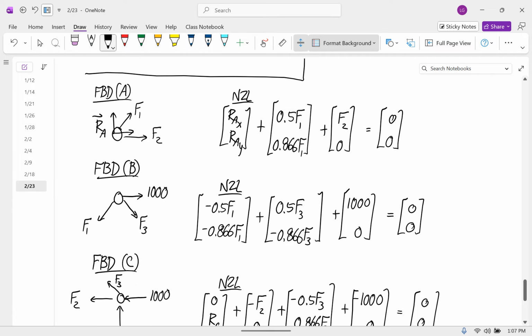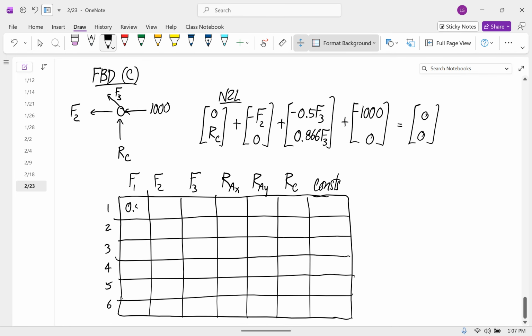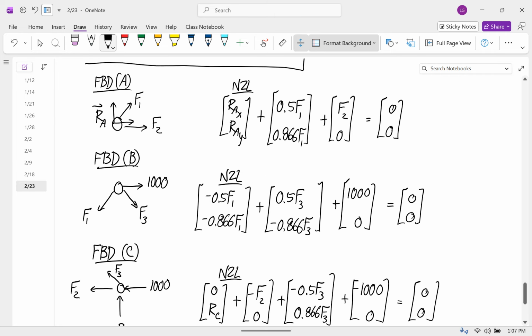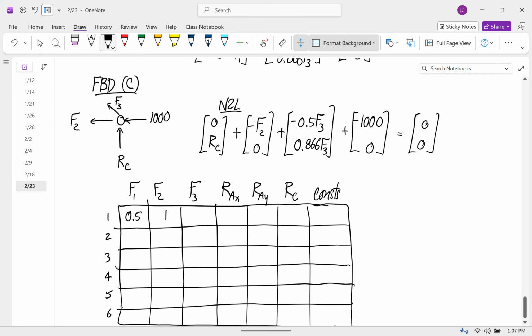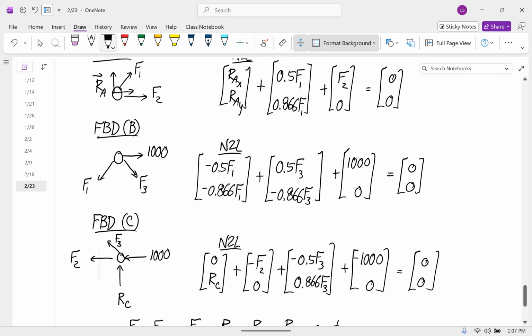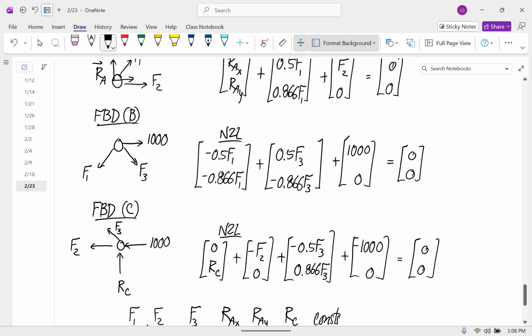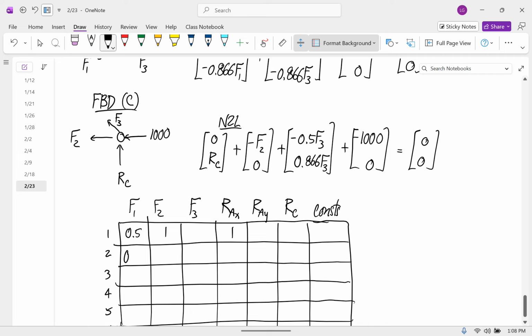So from equation 1, we have 0.5 for F1, 1 for F2, and 1 for RAX. For equation 2, F1, we have 0.866.